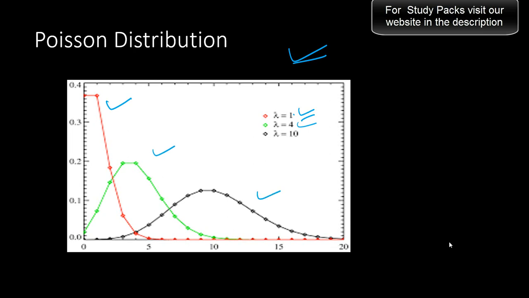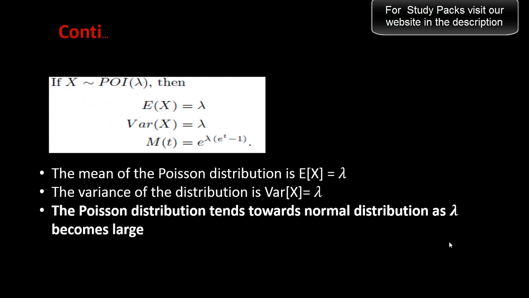And you can see that when you increase the value of lambda, the Poisson distribution is becoming more like a normal distribution, right? So if you increase the value of lambda, you tend to approach a normal distribution.